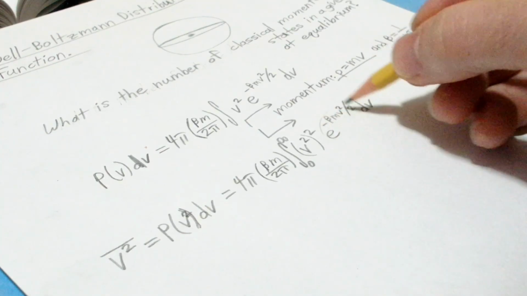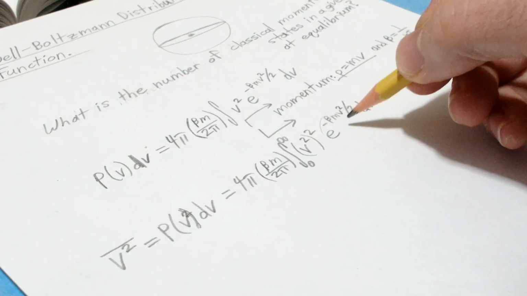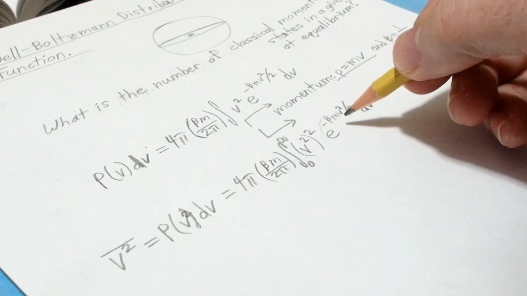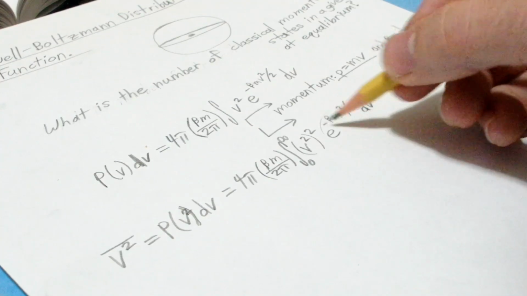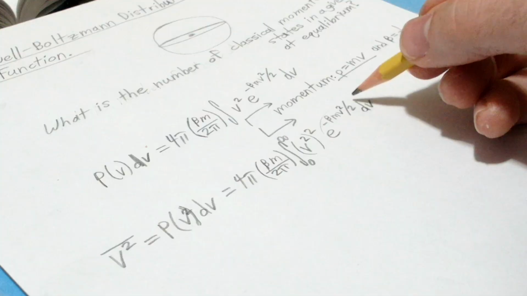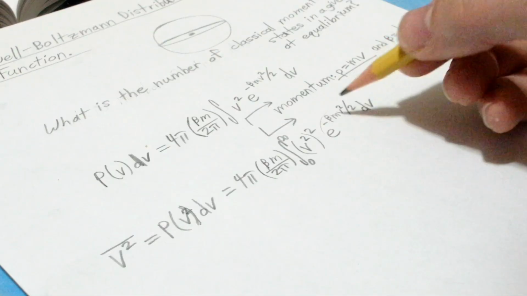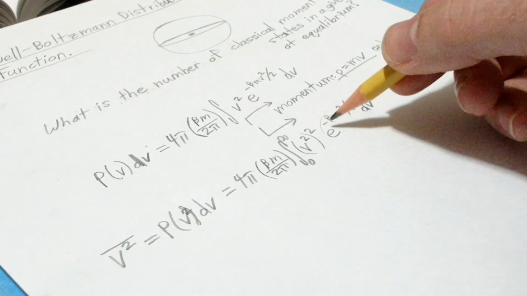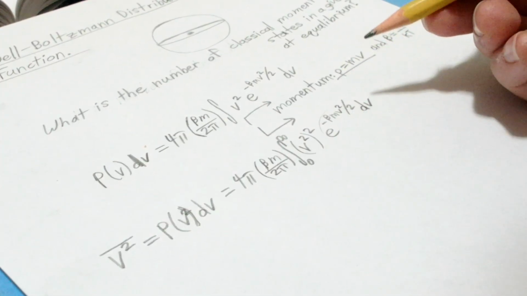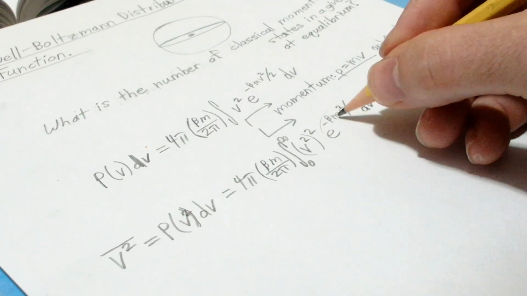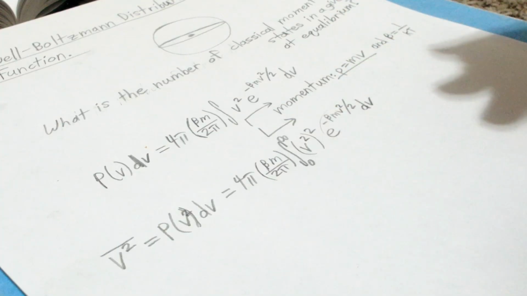And this exponential function right here is the classical probability. If we were looking at the quantum, this would have another added term in the exponential. But since we're talking classical, it's mostly multiplication and division up here. And little m here is the mass of the particle.